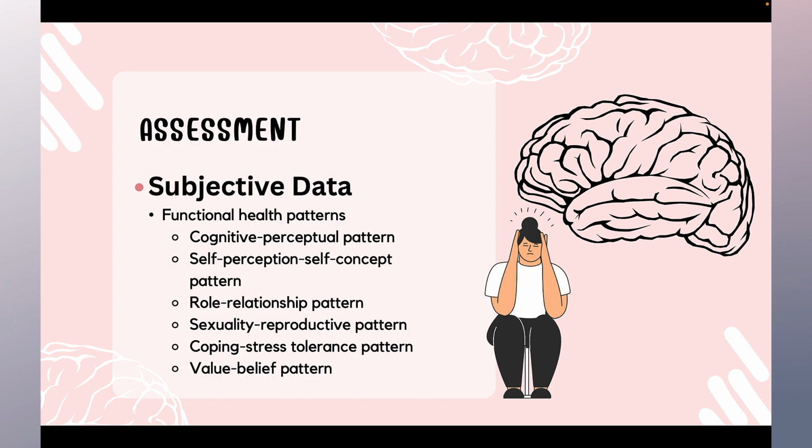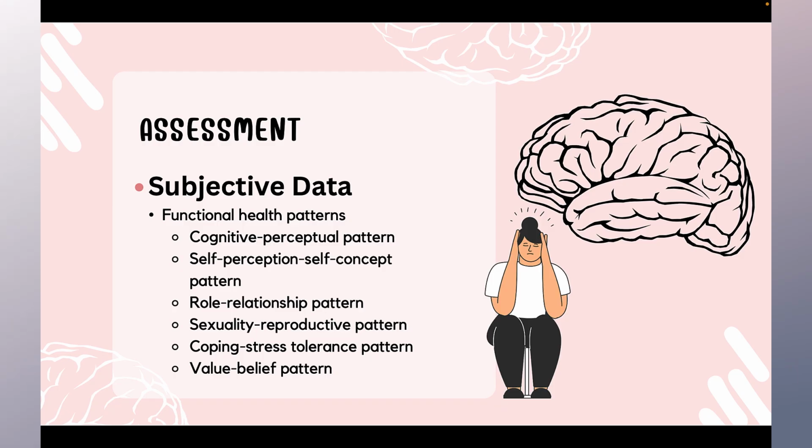And then more functional health patterns, as you can probably see at this point, anytime somebody has something neurologically going on with them, it can potentially affect every aspect of their body and how they function. So it's really important to go through all these with your patient.